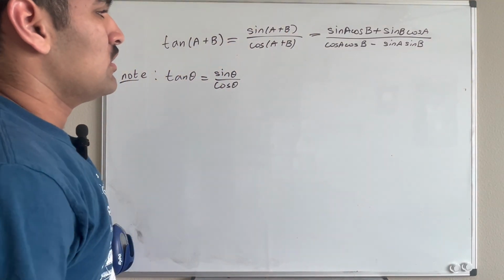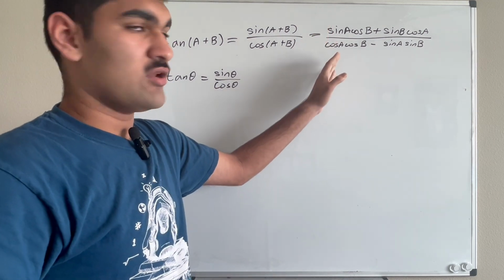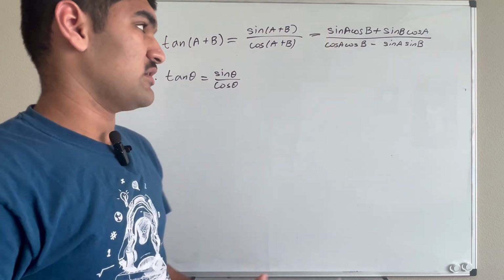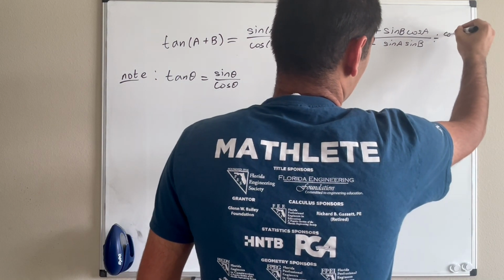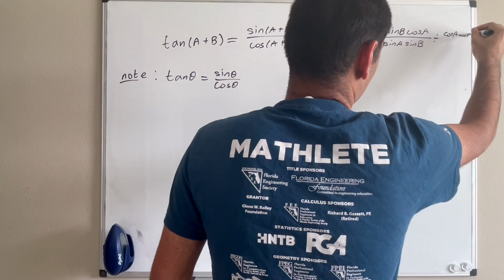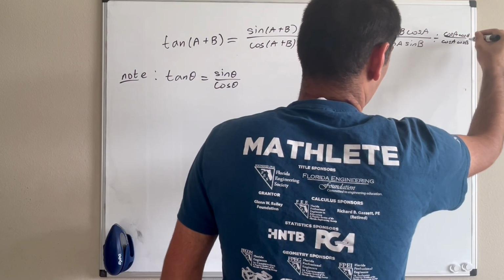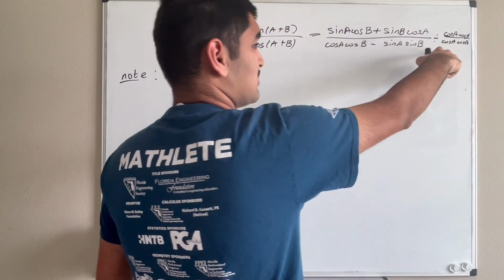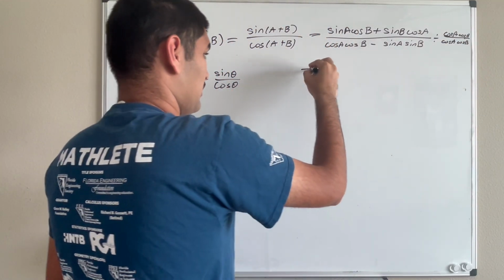Okay? And so now the trick is we're going to divide the numerator and the denominator by cosine A cosine B, top and bottom, because this is just the same thing as dividing by 1, which doesn't change the original value. So this is legit.